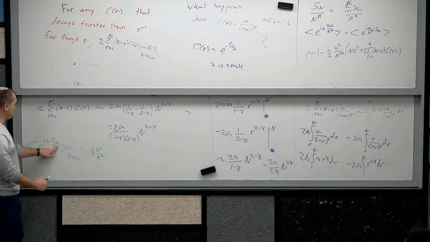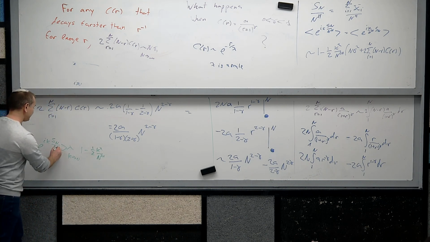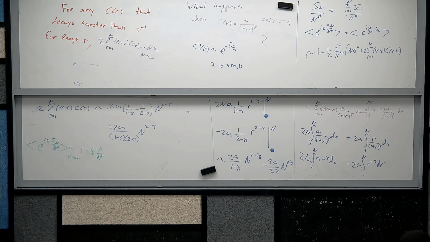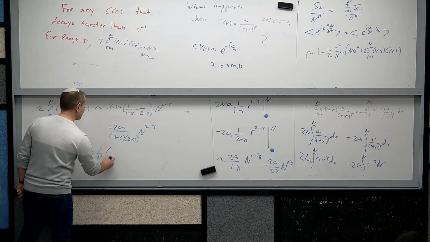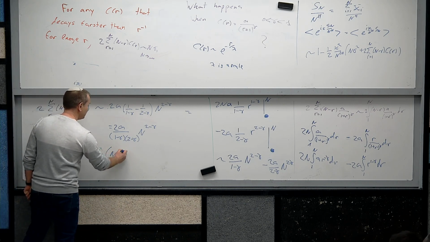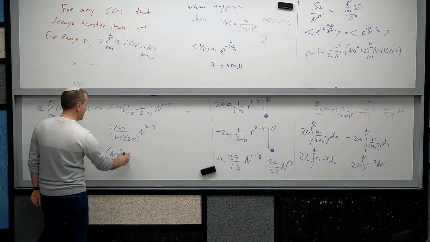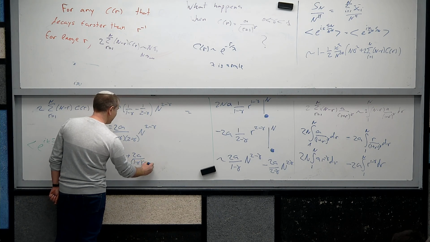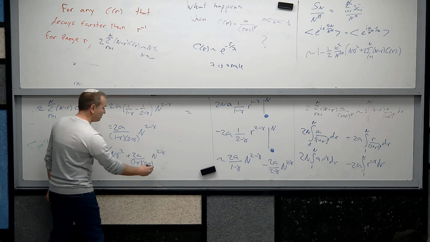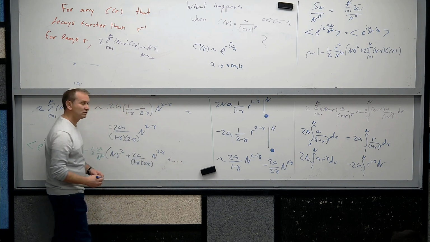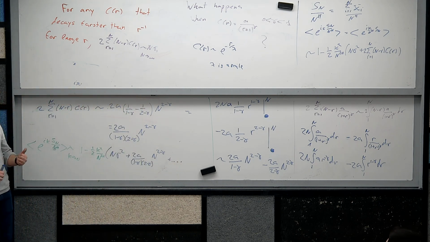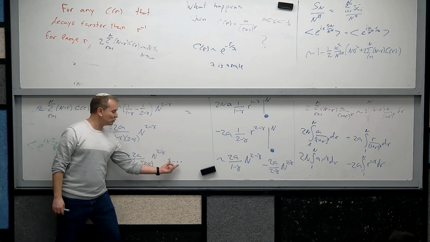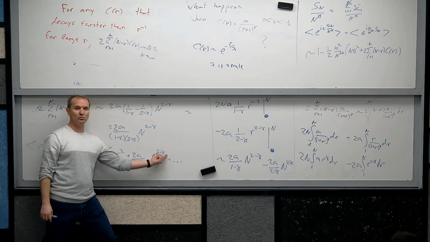I don't know what this h is yet. Inside the parentheses I have two contributions: n sigma squared plus 2a over (1 minus gamma)(2 minus gamma) n to the power 2 minus gamma, and some additional contributions, but I know that their power is smaller than 2 minus gamma.